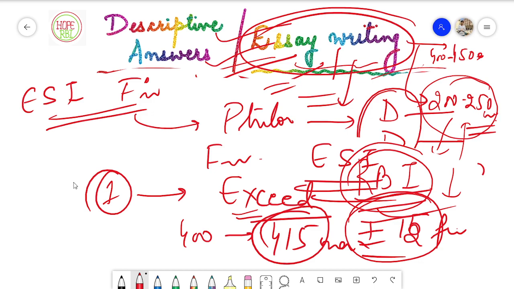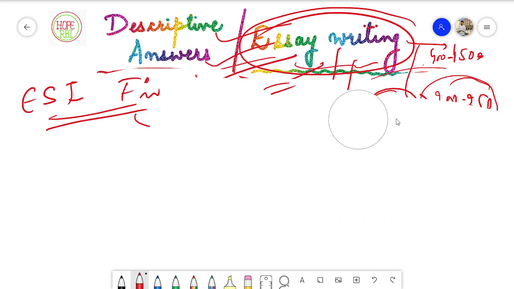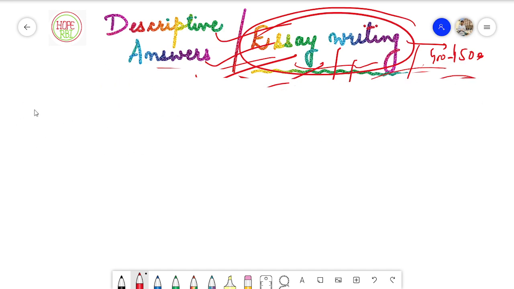And the most important thing is to grab the knowledge and frame opinions. In this scenario, your editorial reading skills are very essential for your answer writing, because you can cite good examples even in the management paper. If you have to cite real life examples, you can get so many from the newspaper itself. That is why I'm saying it is very essential for you guys to read newspapers.